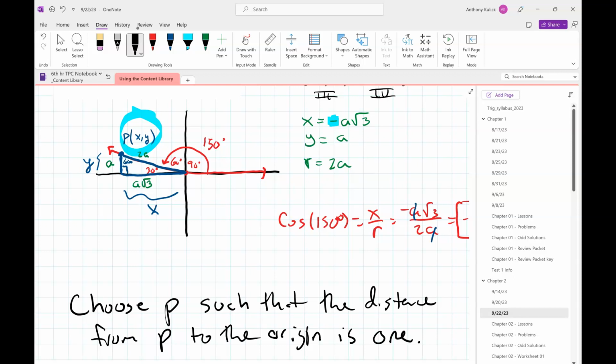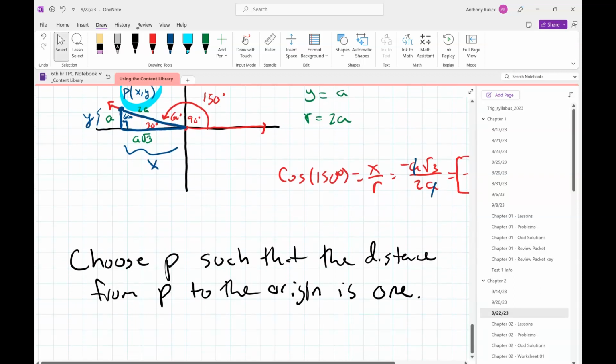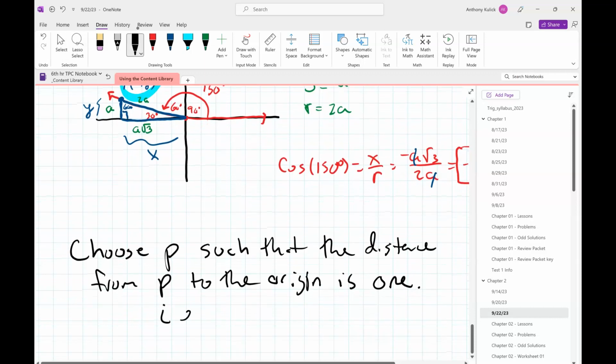We're going to choose P from now on so that the distance from P to the origin is always 1. Or in other words, that R will always be 1. Okay with that idea?